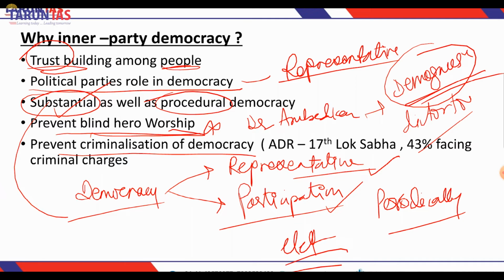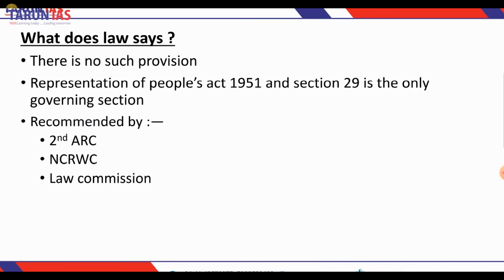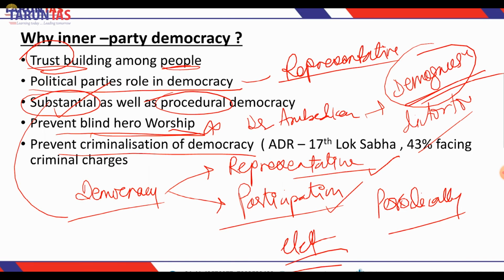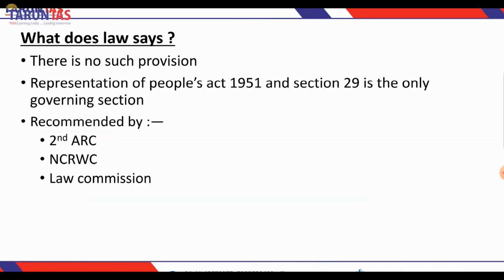That means if we have inner party democracy, criminalization of politics will be prevented. And criminalization of politics is altogether a different topic, and we will be dealing with it in a different class. But right now we will restrict ourselves to inner party democracy. So we have spoken of what inner party democracy is. We spoke of why we need inner party democracy.